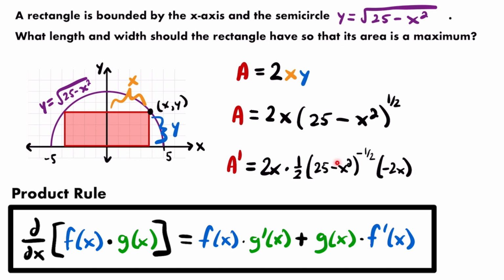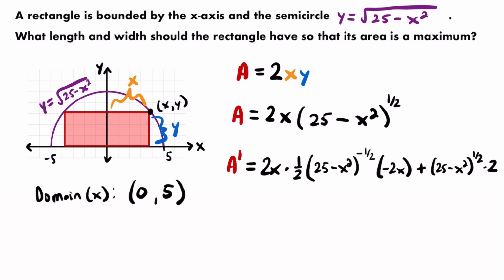Okay, so that's the first part of the product rule. Then we want to add that to our second function multiplied by the derivative of the first. So we're just going to have 25 minus x squared to the 1/2 power, and then we're multiplying by the derivative of 2x, and the derivative of 2x is just 2. We have x to the first power, so the derivative of that will be equal to its coefficient, which is 2. So I'll multiply by 2. And then that's the end of the product rule.